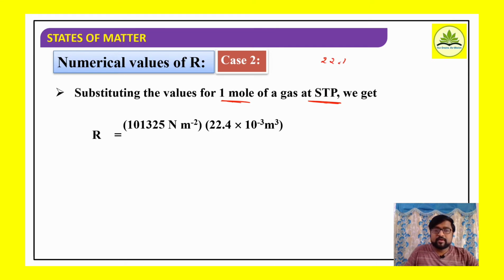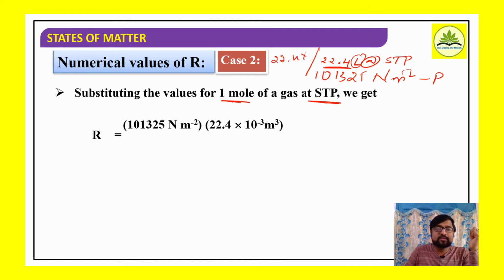In terms of Newton per meter square, the corresponding pressure is 101,325 Newton per meter square, and with respect to volume, in terms of liter it is 22.4 liter, but in terms of meter cube it is 22.4 into 10 raised to minus 3 meter cube.